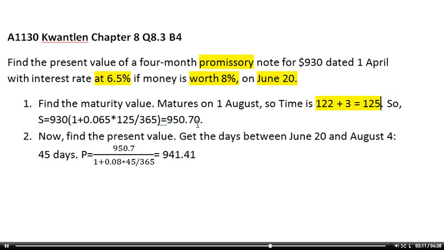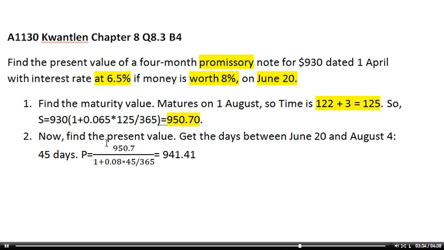So that gives us a future value of 950.7. So that is what this note will be worth when it matures on the 4th of August, including the 3 days of grace period.